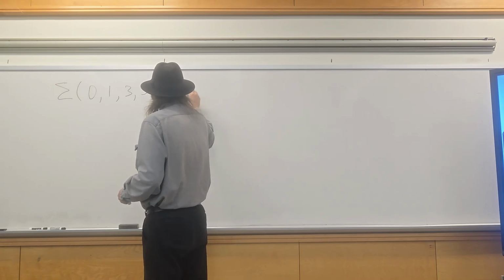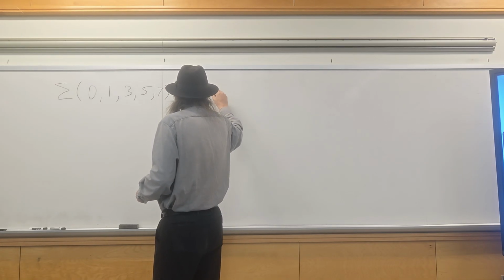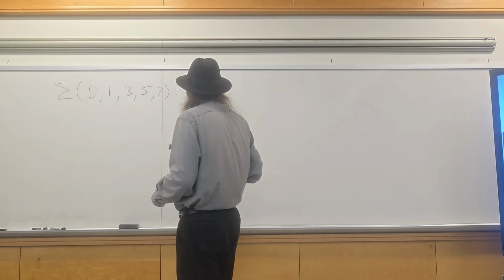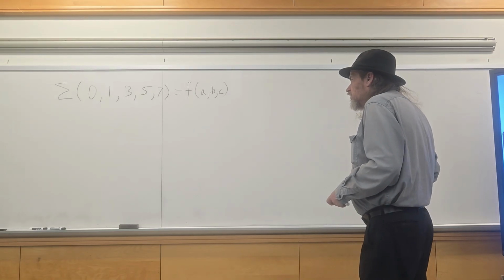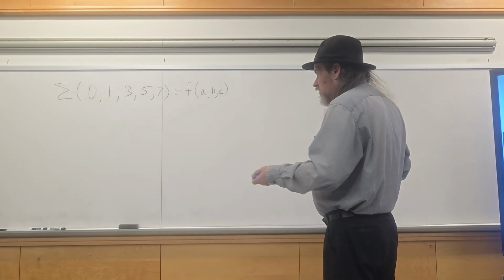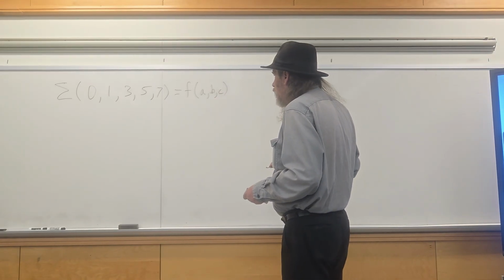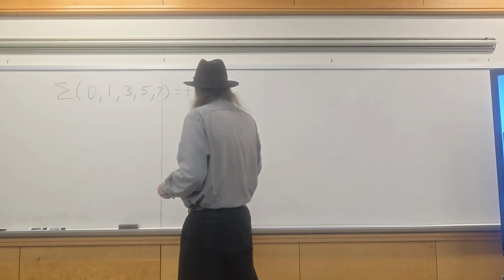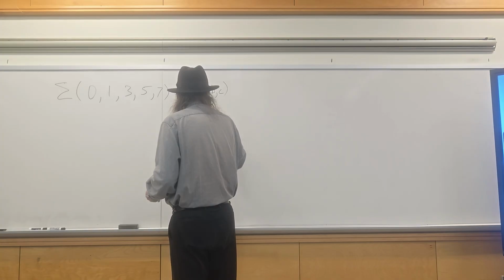So f equals f of A, B, C. All right. So you can tell that this has 3 inputs, and you do A, B, C.